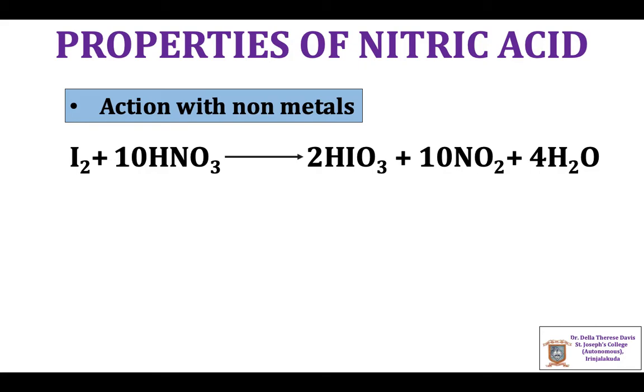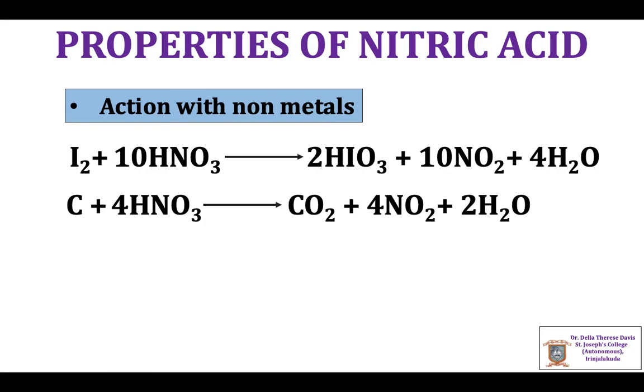When iodine is treated with concentrated nitric acid, it is oxidized to iodic acid, HIO3, and nitric acid is reduced to NO2. When carbon is treated with HNO3, it is oxidized to carbon dioxide and HNO3 is reduced to NO2.